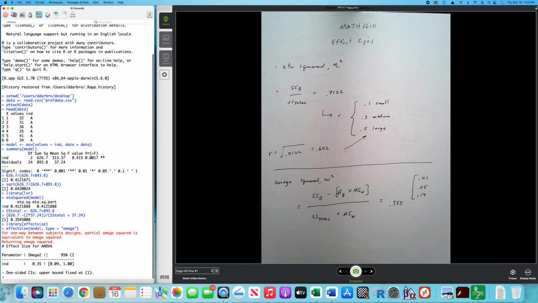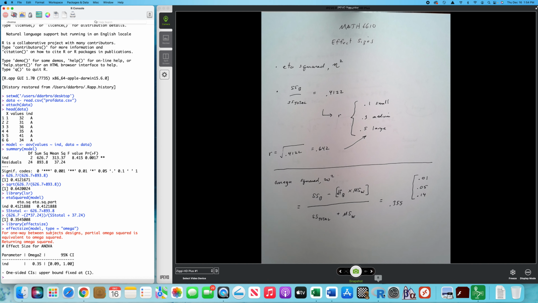So it returns the omega squared, again, giving us 0.35. It also includes the 95% confidence interval, which is very, very handy. Okay, so we're clearly observing a large effect. And I would want you to report the omega squared.